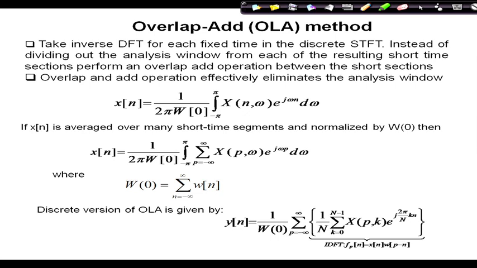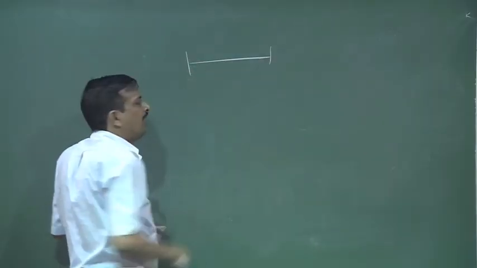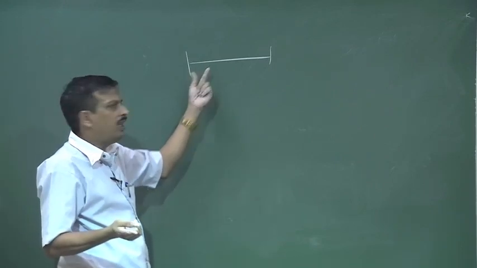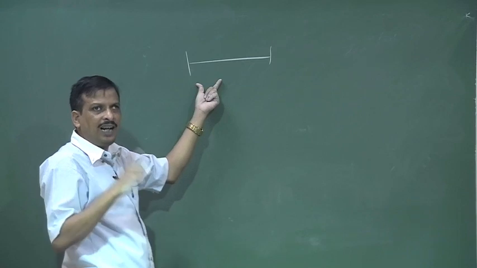Instead of dividing out the analysis window from each of the resulting short time sections, I can do an add operation. What I said is, take the window, analyze it, and take the inverse transform; then what you get is the signal.